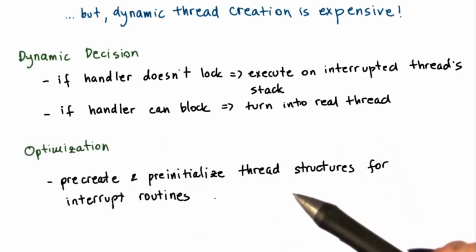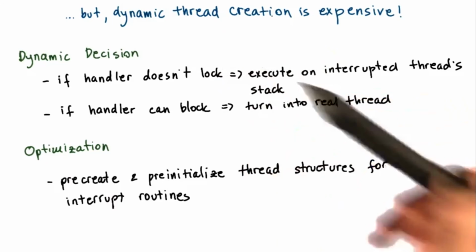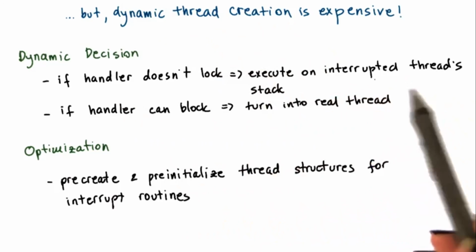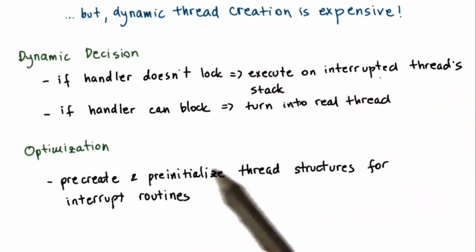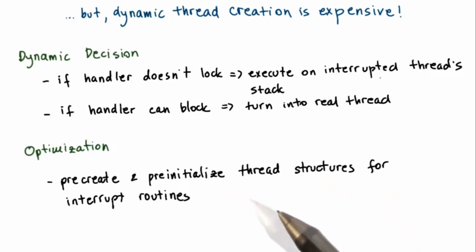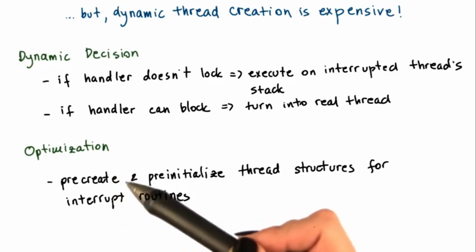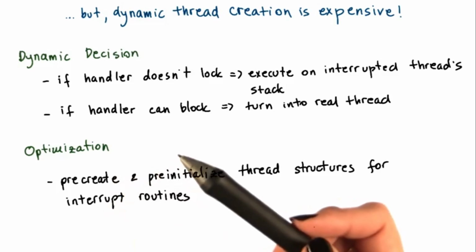In order to eliminate the need to dynamically create threads whenever it's determined that a handler can potentially lock, the kernel pre-creates and pre-initializes a number of threads for the various interrupt routines that it can support. What this means is that the kernel will pre-create a number of threads and their associated thread data structures.